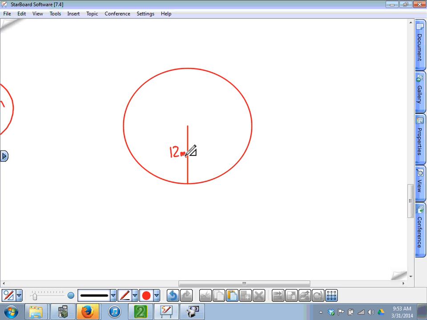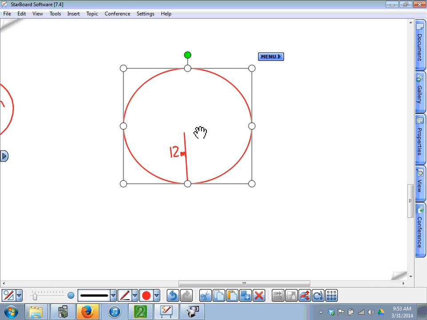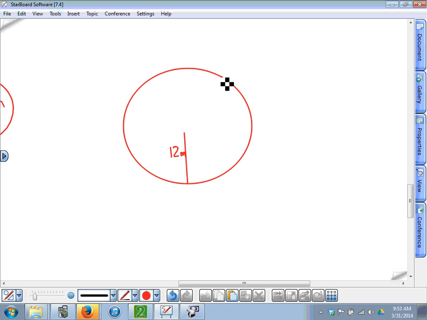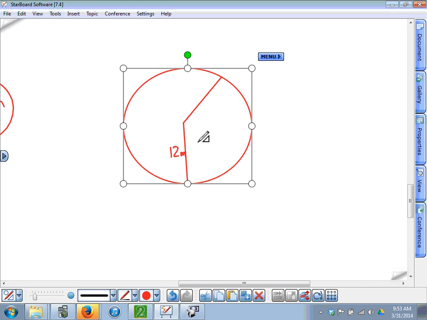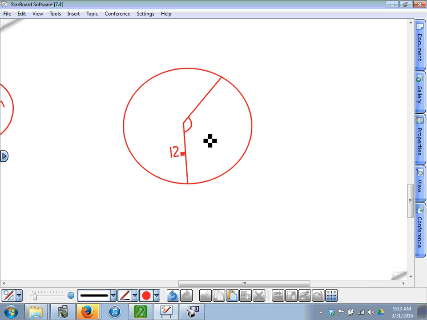And then, whoa, I didn't want to do that. That's crooked now. That's not even a center anymore. Not bad. Still crooked. That's better anyway. What was the measure of the angle? 120 degrees. All right, and you're supposed to find the measure of the arc from here.